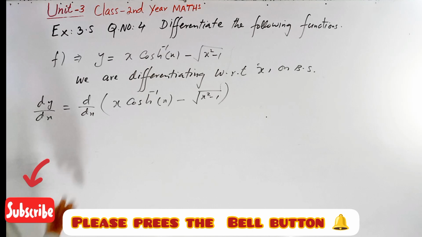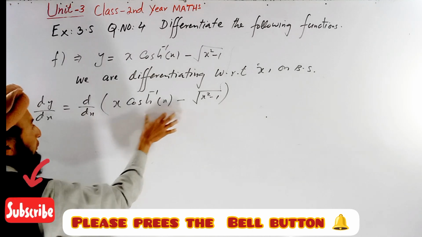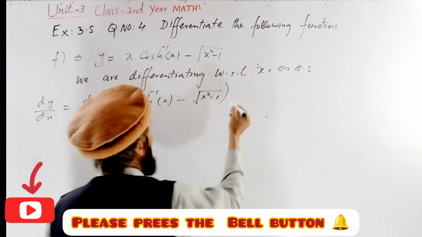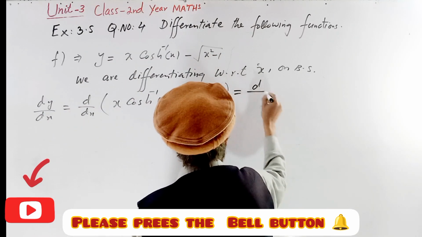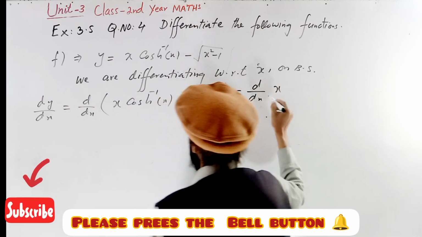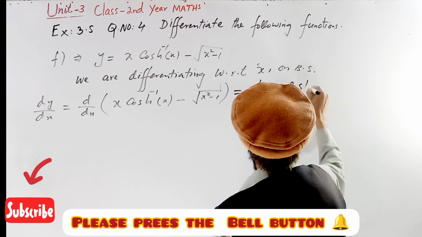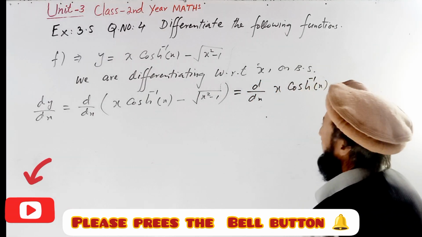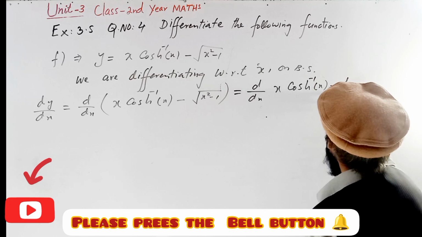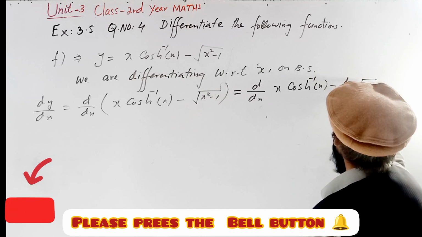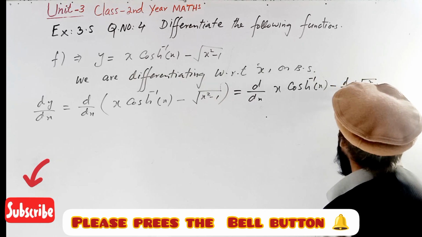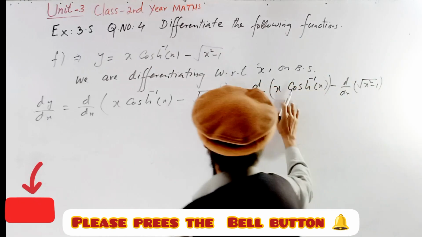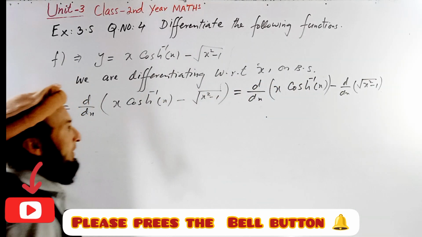Here we apply this derivative individually because there are two terms. Here we can write dy by dx, the derivative of x cos hyperbolic inverse x minus the derivative of the square root of x square minus 1. Here we are using the product rule, the multiplication rule.